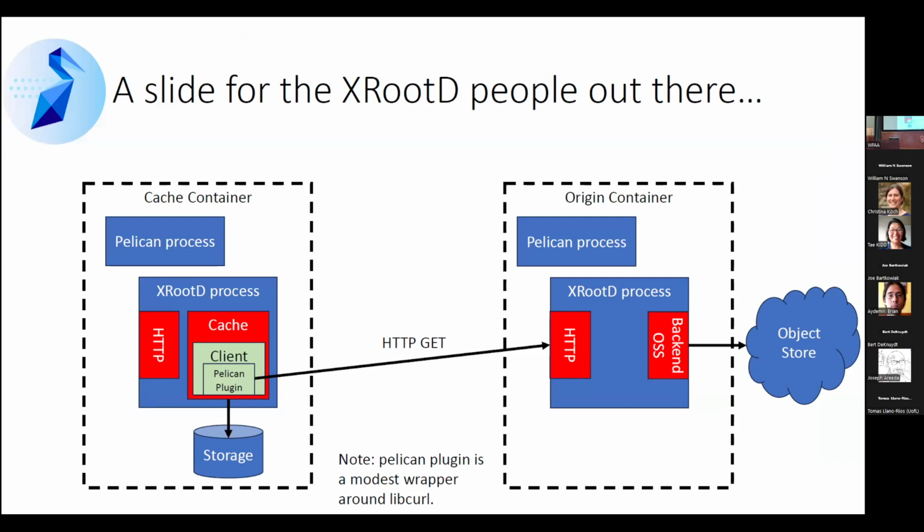And we have kind of the standard XRD setup for both caches and origins. And really all Pelican is doing is starting up a particular configuration of XRD right now, and XRD is moving the bytes. And really the only piece in all this that is different, I probably used bad coloring here, is we have one small Pelican plugin in the cache to make sure it understands how to interact with the director and talk to the origin.